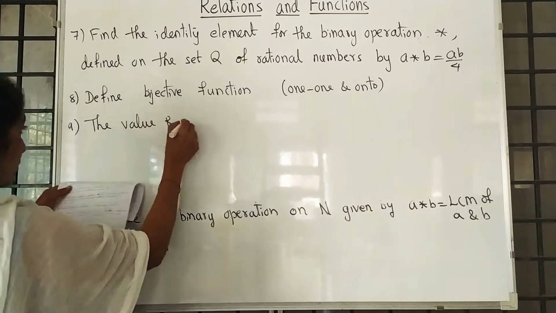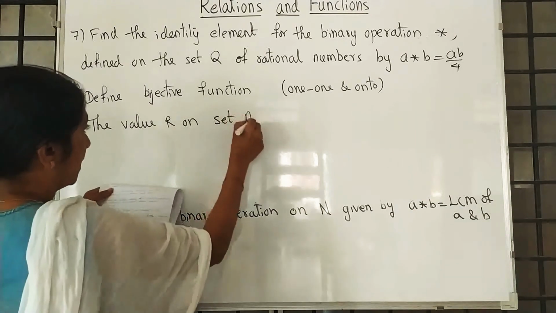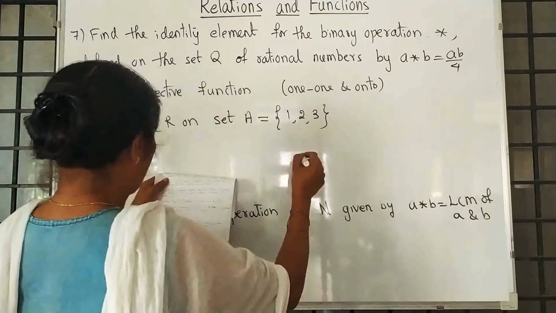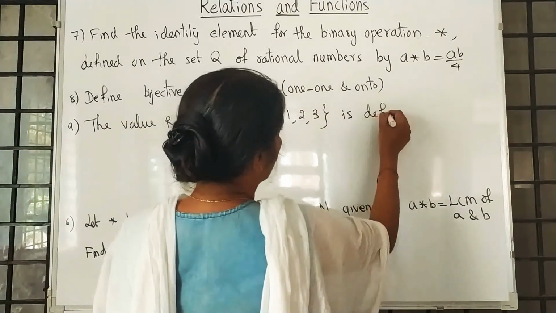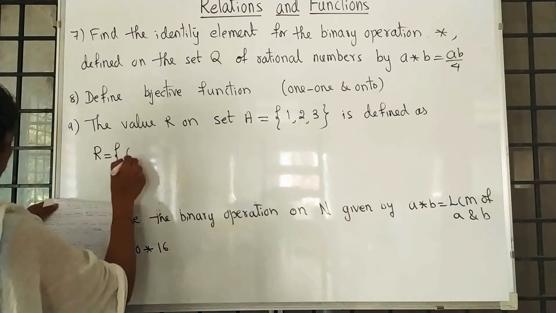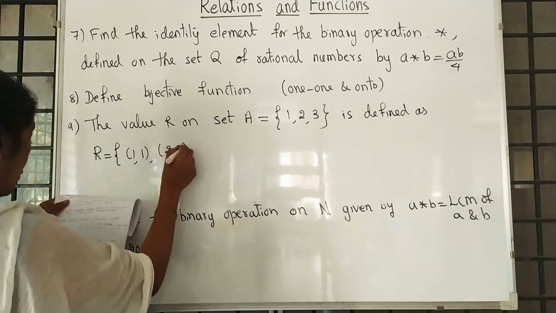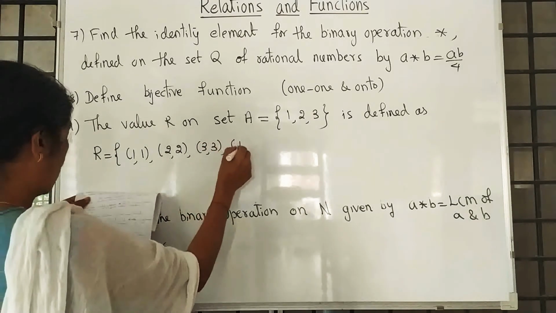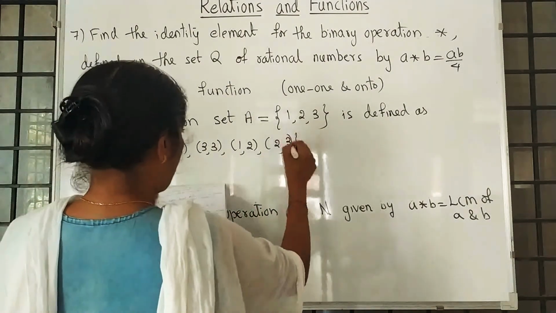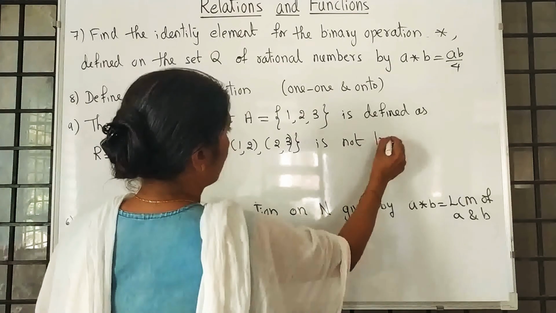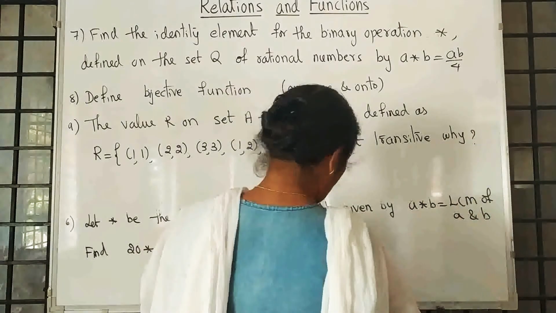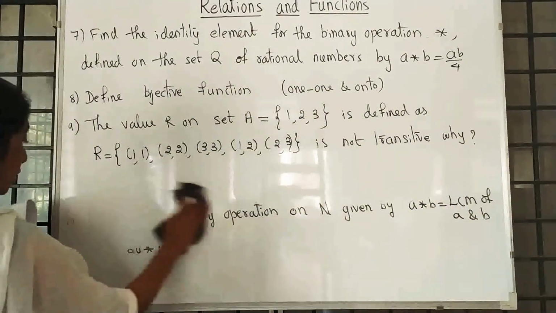The relation R on the set A, where A is {1, 2, 3}, defined as R is equal to {(1,1), (2,2), (3,3), (1,2), (2,3)}, is not transitive. Why?